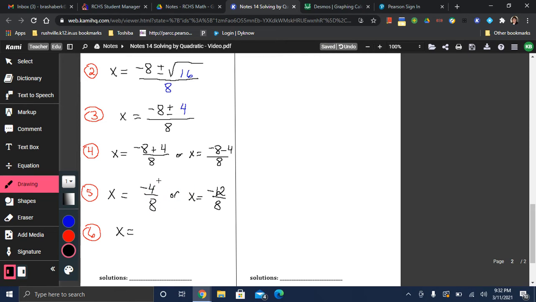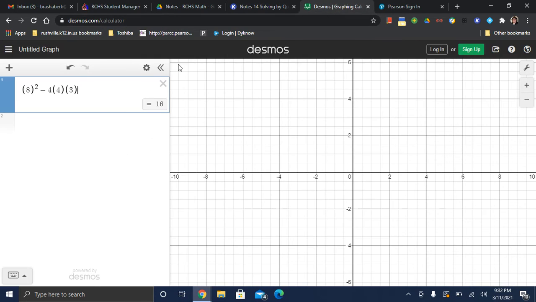So on Desmos, I can actually type in my fraction. So negative 4, and then I can hit the divided by button, which is on the question mark key, divided by 8.